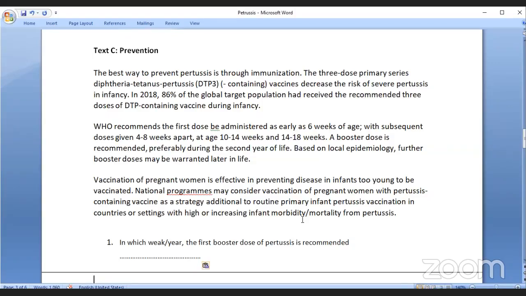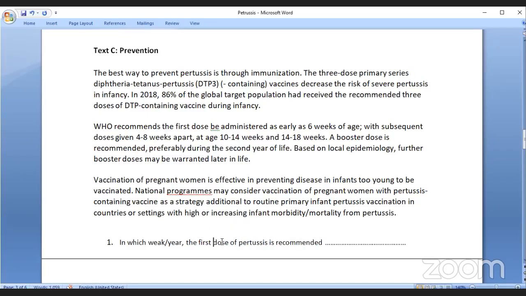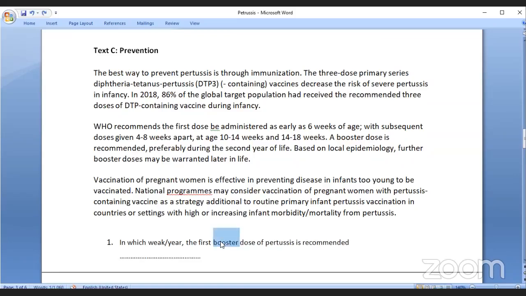What is the difference between first dose and first booster dose? What is your keyword? The keyword is first booster dose, not first dose. If I remove the word booster, what is the answer? It will be 6 weeks. If I put the word booster, then what is the answer? Second year of life.